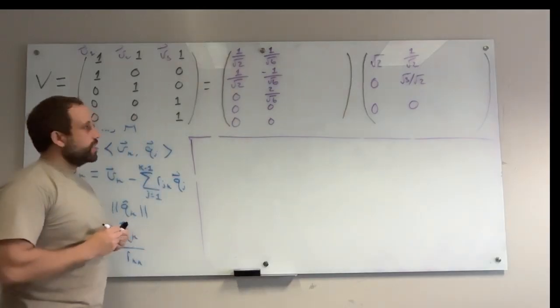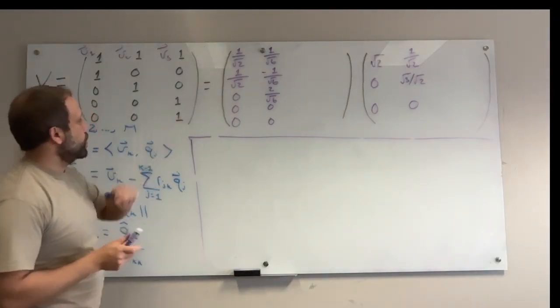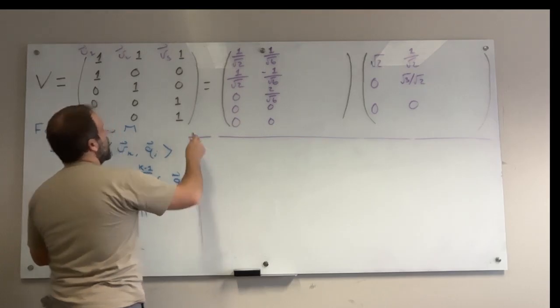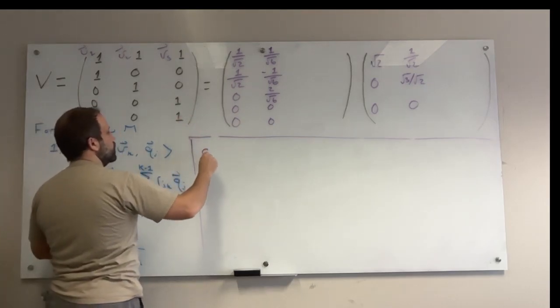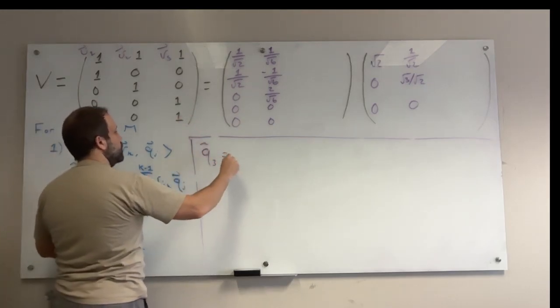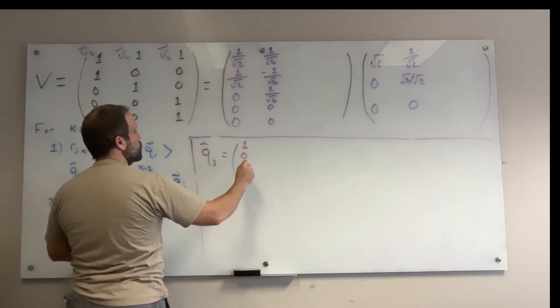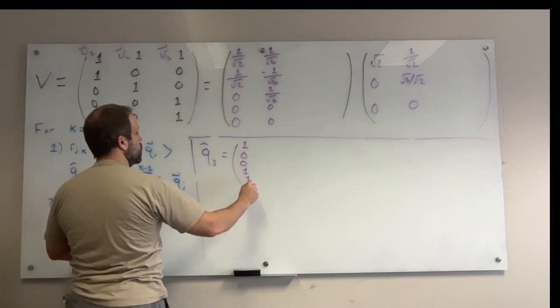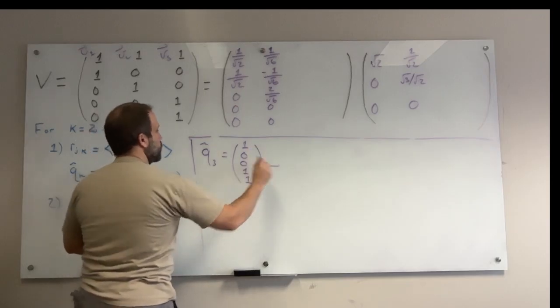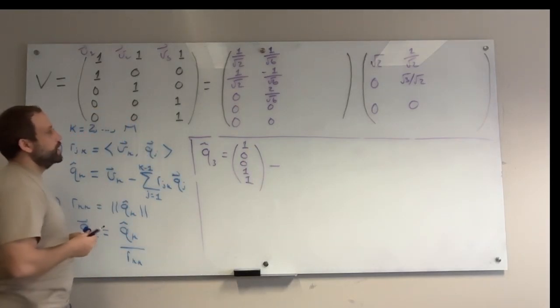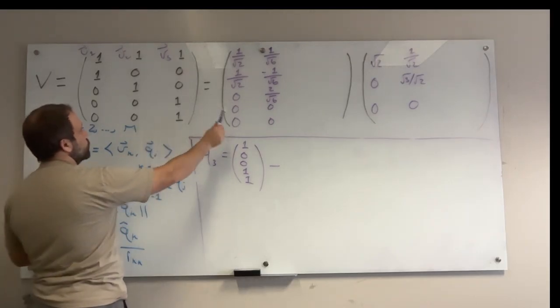Okay, so now let's compute Q3. So Q3 hat, we're going to start by taking V3, so we've got 1, 0, 0, 1, 1, and we're going to subtract off its projection onto Q1. Okay, so we're going to compute the inner product of V3 and Q1.